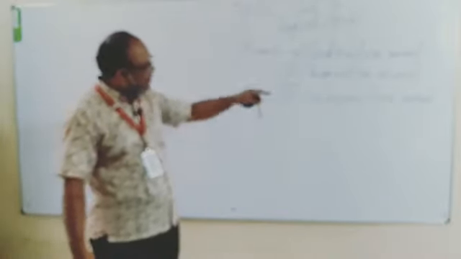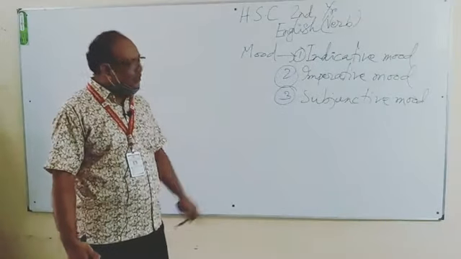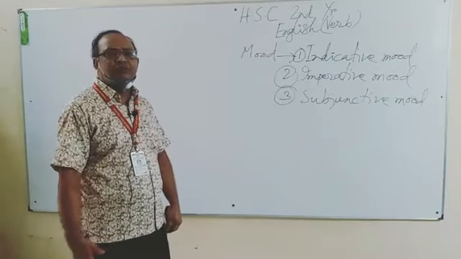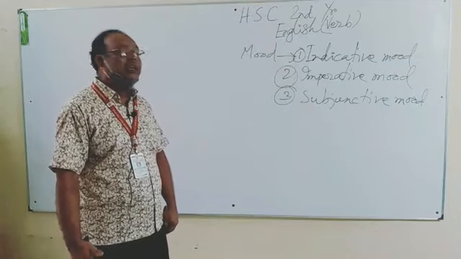So that sort of mood is expressed in the third kind of mood, subjunctive mood. And to express subjunctive mood, we will have to use a different kind of language.